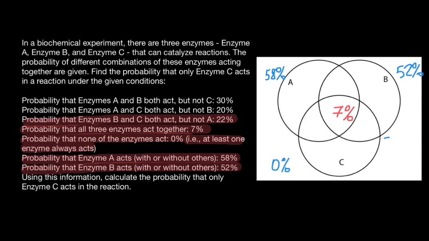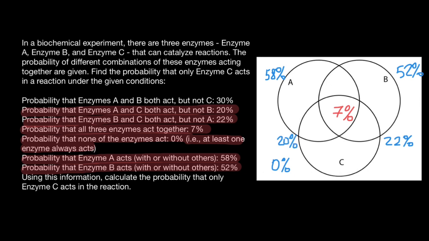So let's put 22% here, which would represent this intersection of the circle B and C. Next, probability that enzyme A and C both act but not enzyme B is 20%. So we are talking about this intersection here. So let's put 20% here.